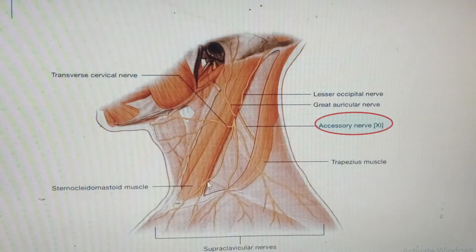And this time around, its posterior border is forming the anterior boundary of the posterior triangle of the neck. Apart from this muscle, we also find the trapezius muscle, whose anterior border forms the posterior boundary of this triangle. This triangle is known as the posterior triangle of the neck.